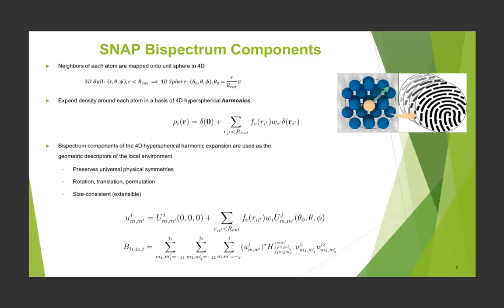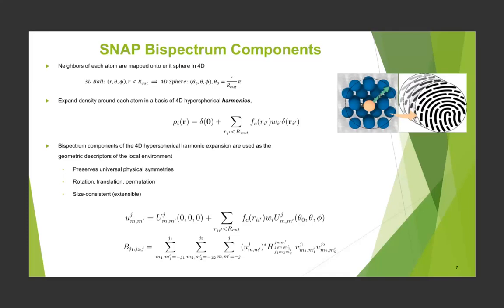Then these little u basis functions that we obtain for a central atom are not rotationally invariant, and they're also complex functions. So that's not a good way to represent energy. We can obtain real valued scalar quantities that are rotationally invariant by combining these basis functions together in particular ways. And the way that we're doing it here is called the bispectrum.